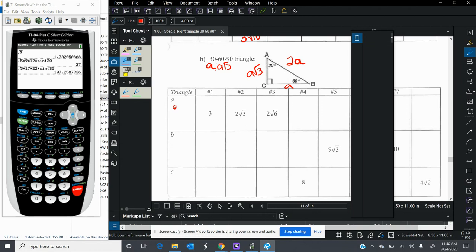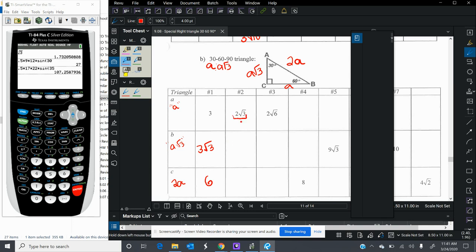So if you think of this as your a value, your a square root of 3 value. So in this first case, we have 3 radical 3. And c would be twice a. You can kind of follow that along.